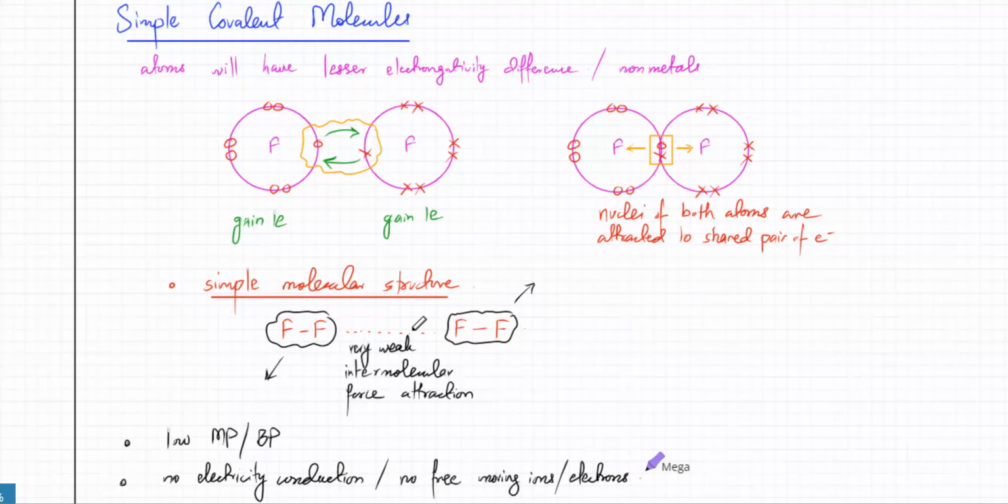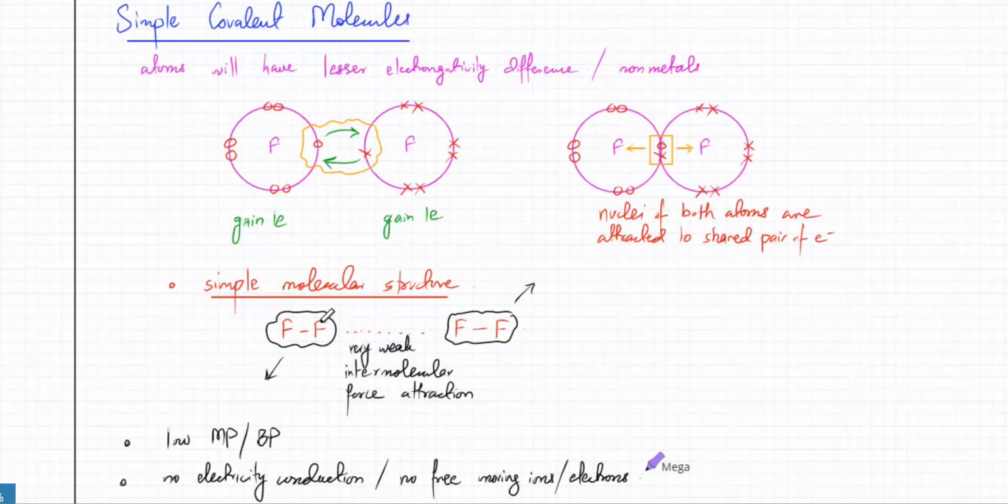Anyway, so that's just generally speaking. So covalent molecules are going to have less difference of electronegativity, which is why the electrons would not be gained by either atom. The electrons would kind of be stuck in the middle, and which is why the molecule that's going to be formed is not going to be charged at all.